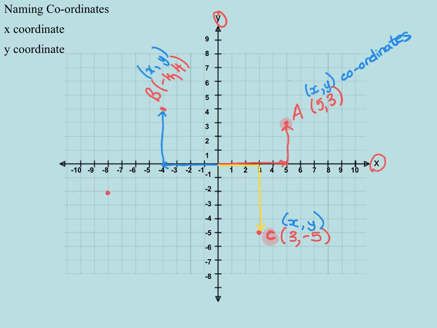One more. To get to this one, see how I'm always starting at this point here. That point there has got its own special name. This point in here is called the origin.